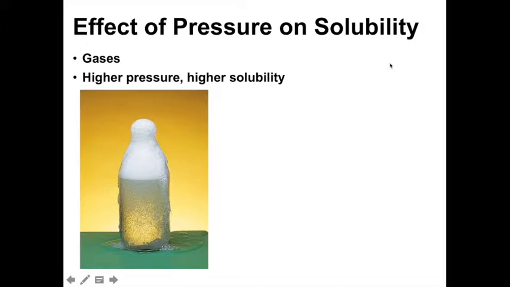So the second factor is pressure. So we will again discuss the effect of pressure on gaseous solute. So actually for solid solutes, pressure has minimal to no effect on the solubility. So for gases, there is a direct relationship, higher pressure, higher solubility of your gases. So this is very evident when you open your carbonated drinks.